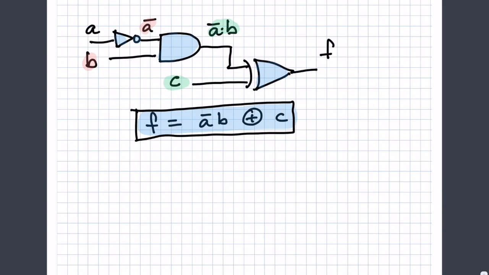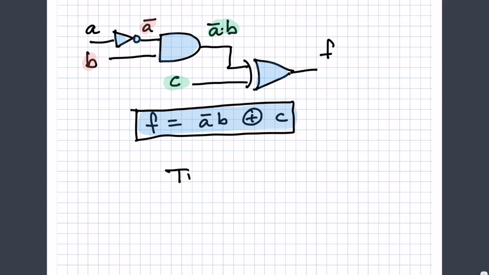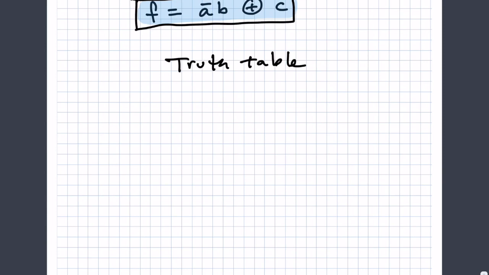Next, I want to talk about the idea of a truth table. Okay, so a truth table would mean that you take the input variables, A, B, and C, and I wrote them in a certain order, a certain natural order.